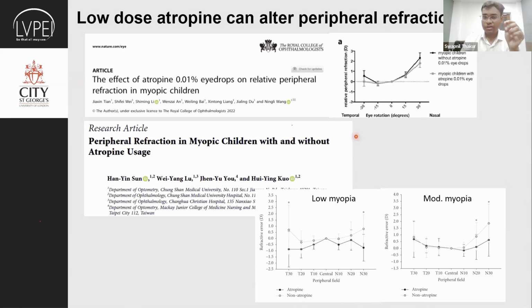Similar to the first study, another recent study also reported how 0.05% atropine could alter the relative peripheral refraction pattern. The two graphs show that the children who were prescribed atropine had less relative peripheral hyperopia compared to the control group who did not use 0.05% atropine.